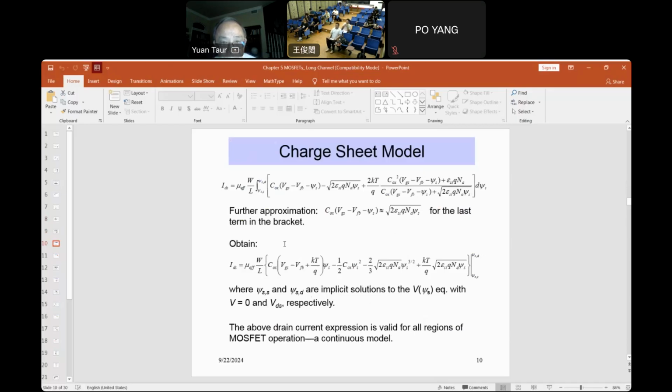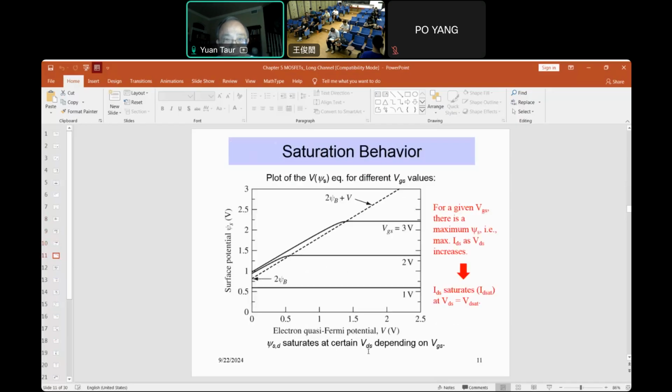Now, the next step, to get an explicit expression, we have to make regional approximations. First of all, that comes later. First, let's look at the saturation behavior.